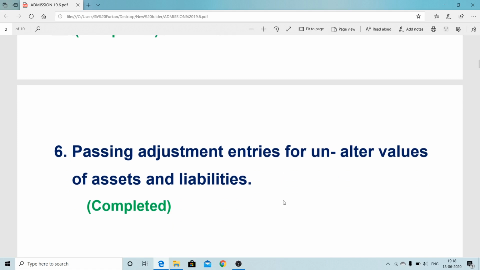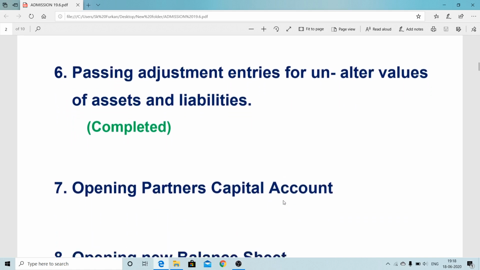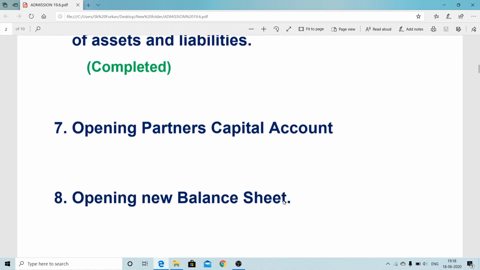So here in this sum, as we want to open the revaluation account, either the revaluation ledger or the adjustment entry is not required, only one will be asked in this problem. Therefore, we are opening the revaluation account, and this adjustment entry is not required. Then opening partners' capital account and opening new balance sheet.